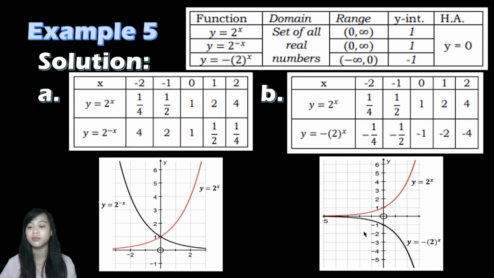So the values of your y are from negative infinity to 0. And its y-intercept is negative 1. As you can see, this coincides with the y-axis at y equals negative 1. And lastly, the horizontal asymptote is y equals 0 for all of them. They are all approaching y equals 0, but they are not touching it.